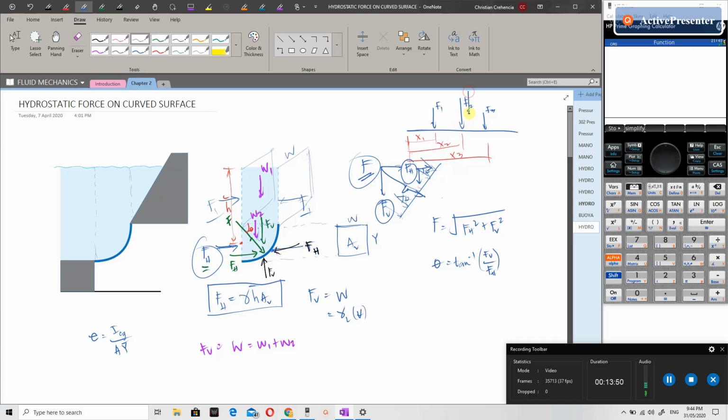So, let's say here is our resultant force F with a distance of X bar. So, it is the same here.